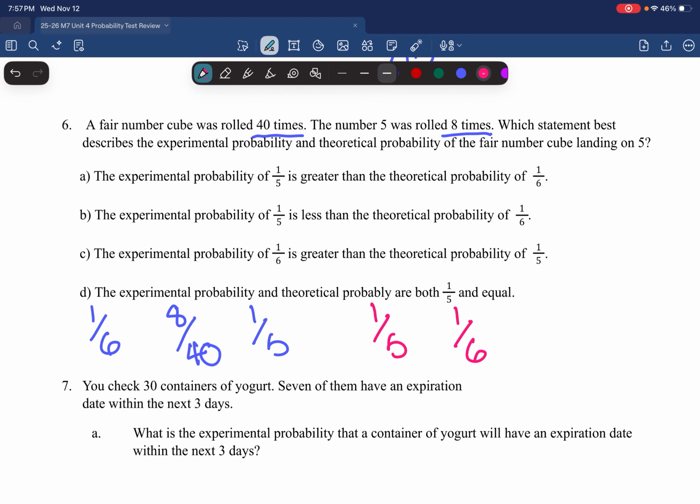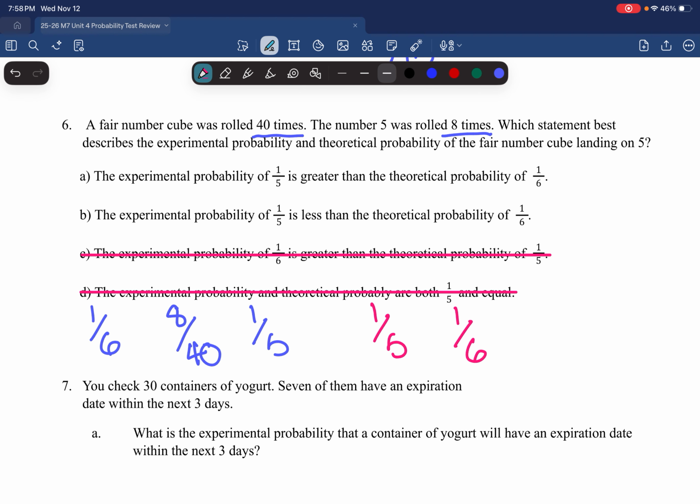All right, so let's look at our options. I'm going to start with D. The experimental probability and theoretical probability are both equal. I know that's not true, so I'm going to cross this one out. The experimental probability of 1/6 is greater than the theoretical probability of 1/5. Well, I know that's wrong.